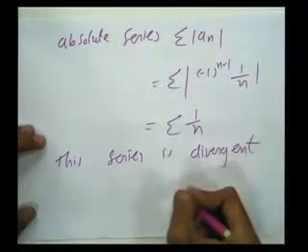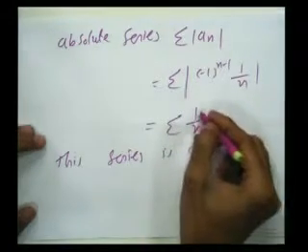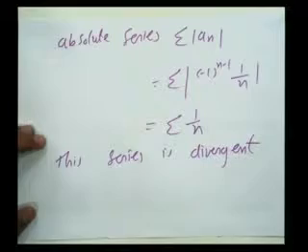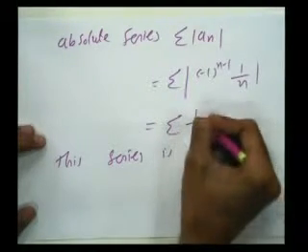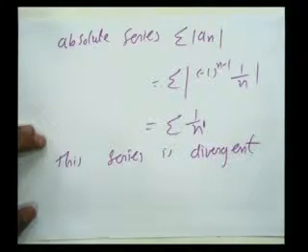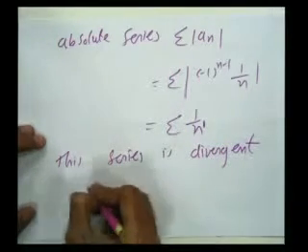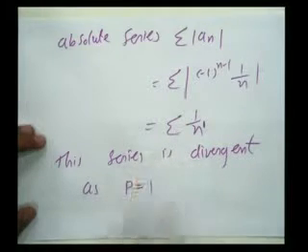Why divergent? Because this is a 1 upon n raised to p type series. Here n is raised to nothing but 1, so p is equal to 1.